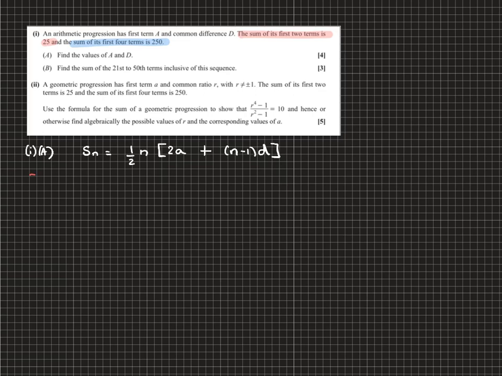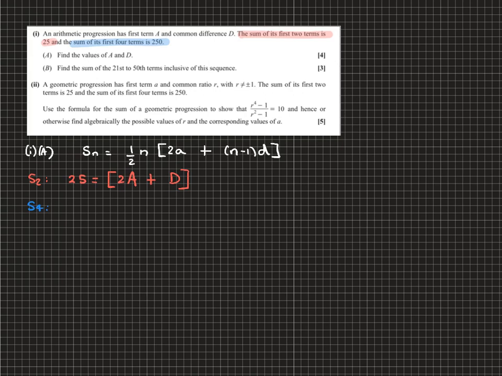So that's S2, the sum of the first two terms. So 25 must equal a half multiplied by n, well n is 2, so that's 1, times 2a plus n minus 1, well n is 2 again, so n take away 1 is just 1, times d. So we have our first equation here. Now let's look at the sum of the first four terms, S4.